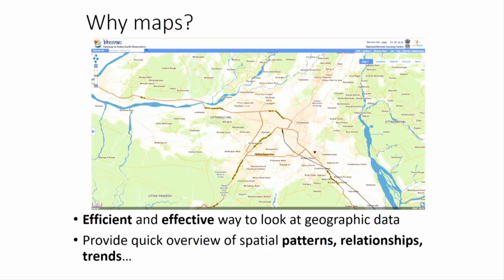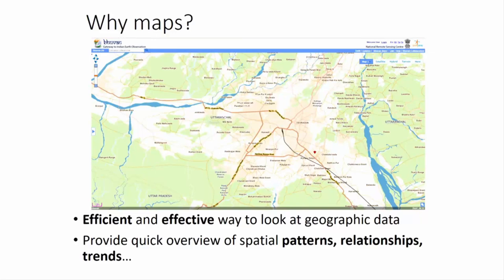With all these statements, what we see is that maps give you a representation of different geographical data, and that representation has to be in an effective and efficient way. It is basically a tool which lets you create an effective and efficient representation of geographical data sets.